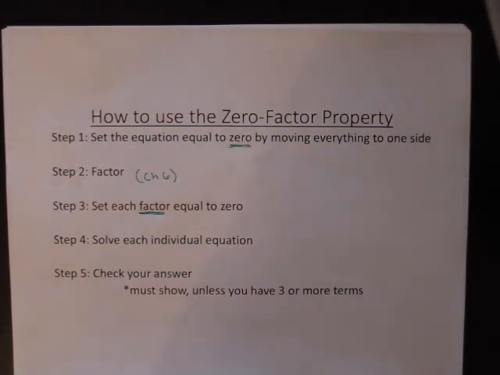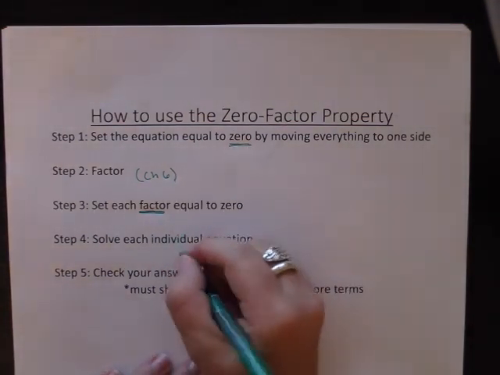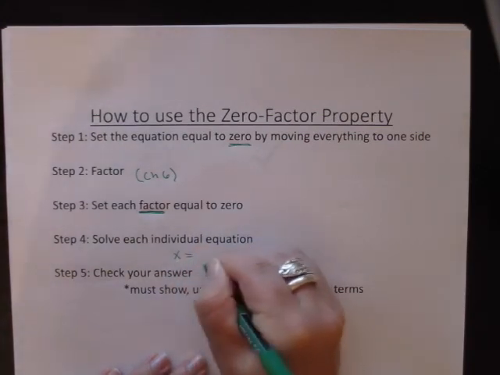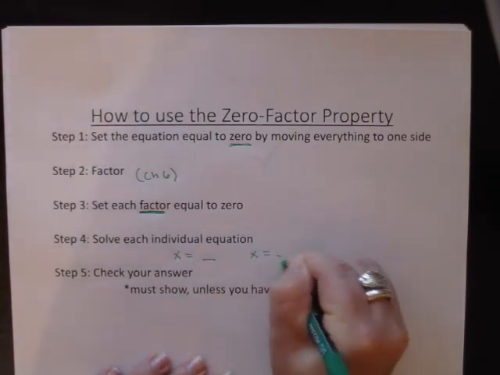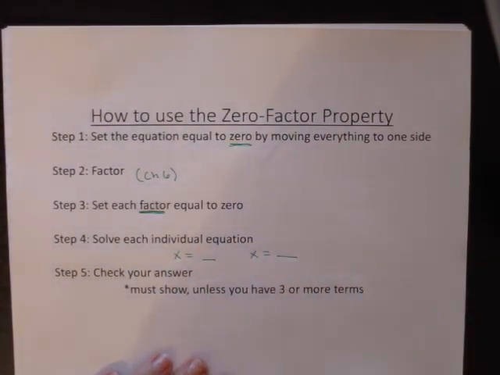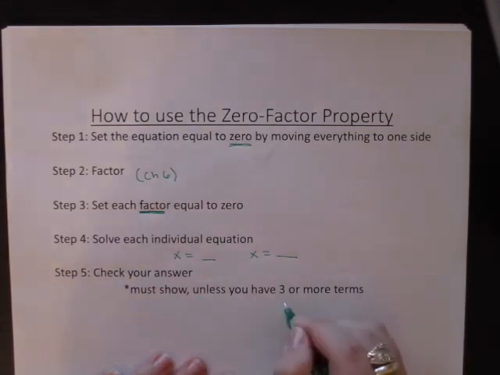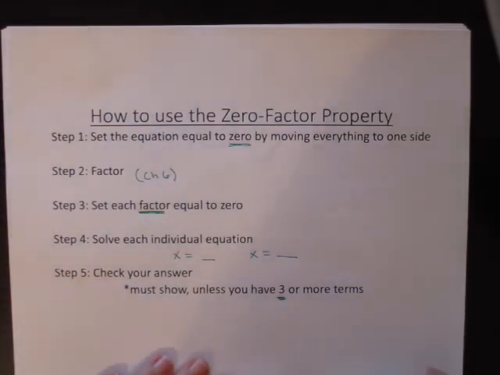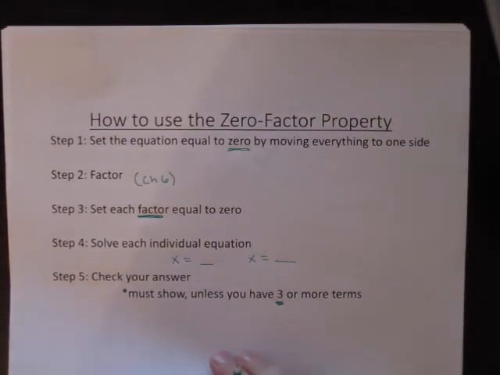Step 4, we're going to solve each individual equation. So we're going to get x equals some number and x equals some number, if we're just going to have 2 solutions. And the last step, and you got to show this, is check your answer. So you must show it, unless you have 3 or more terms. And remember, this is all based off of whatever your highest exponent is.